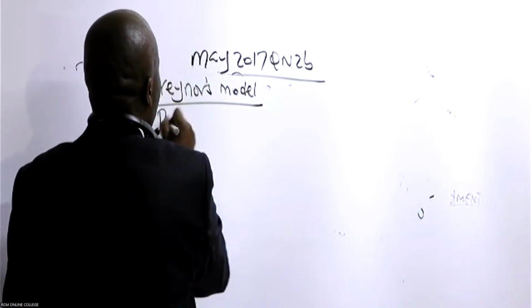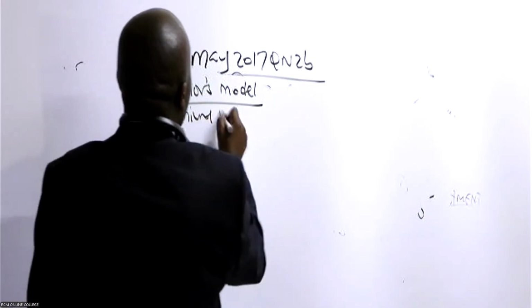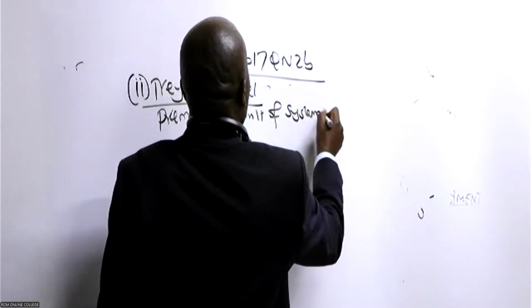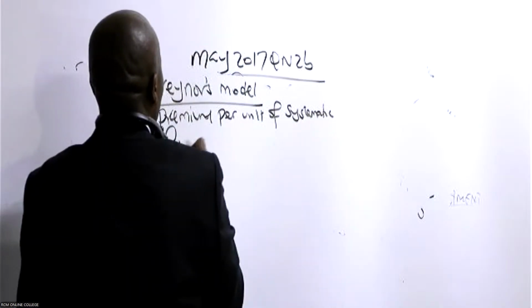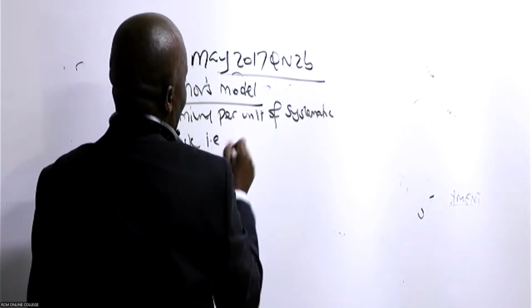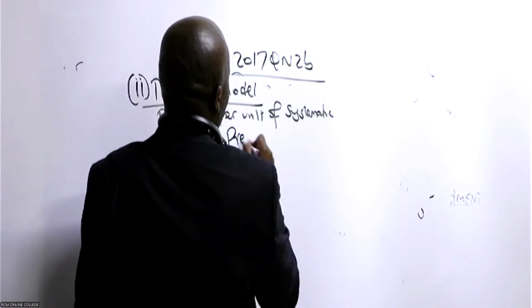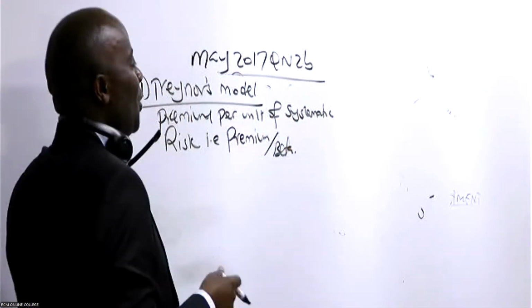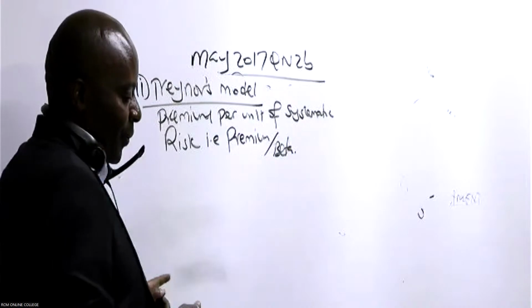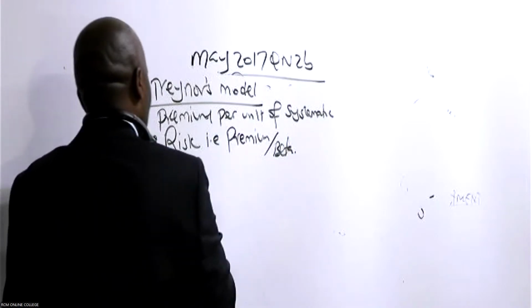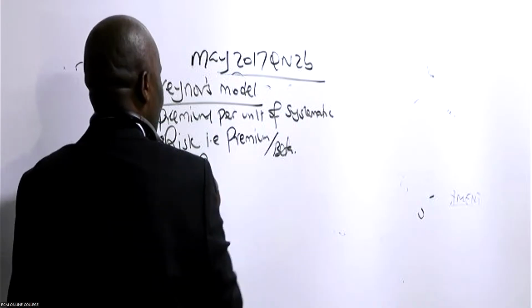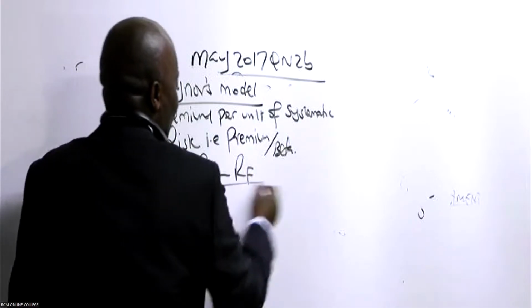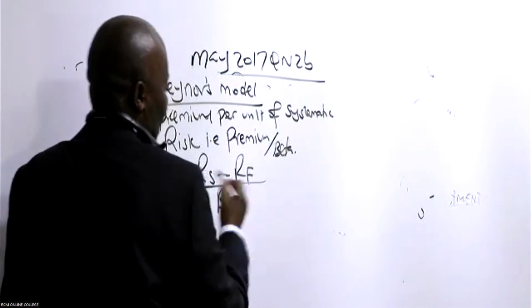Again, this gives premium per unit of systematic risk, i.e., it is premium over beta, because systematic risk is measured using beta. So anytime they want us to give them the Treynor's coefficient, we take the returns of the security, minus risk-free, and divide this by beta of the security.